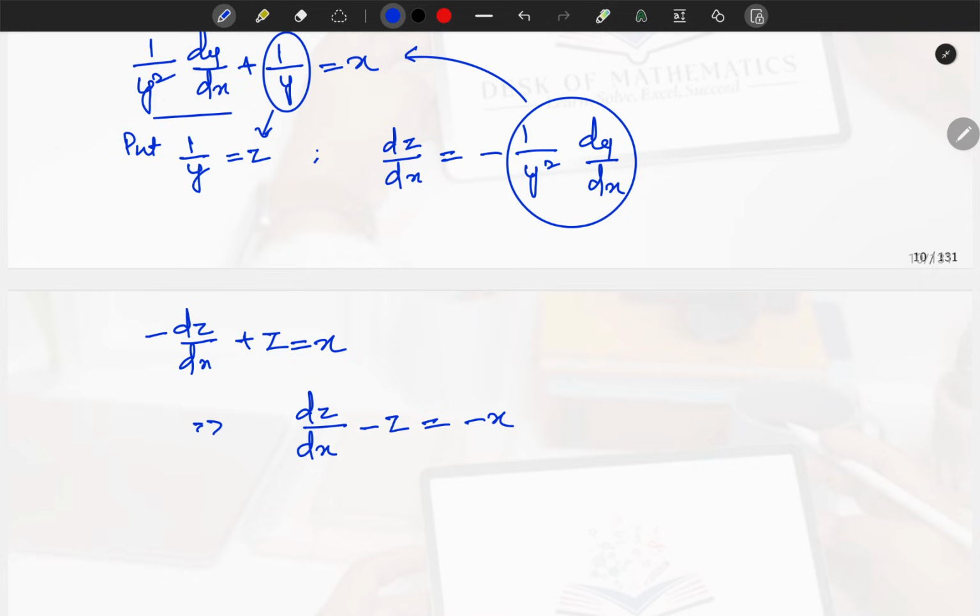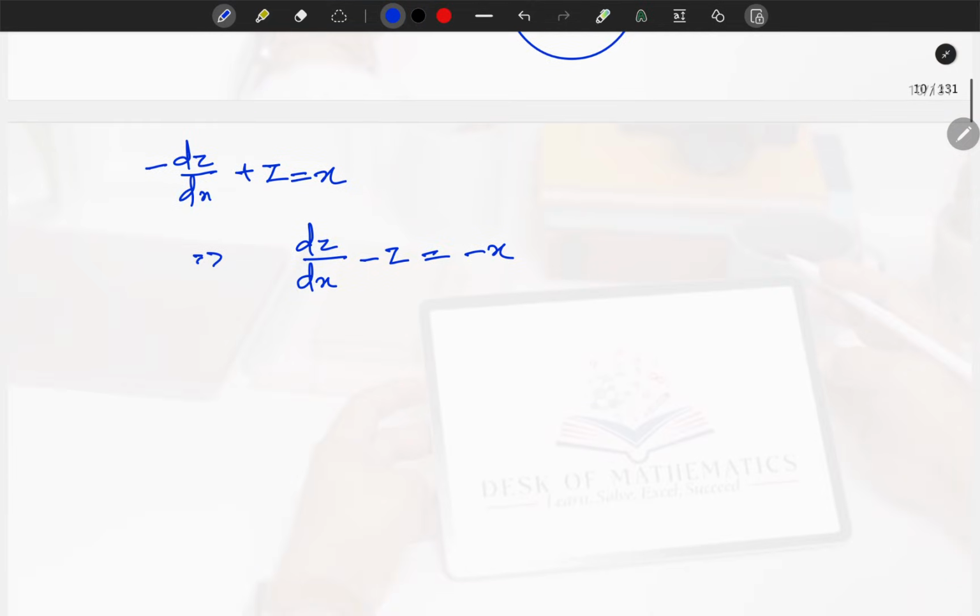Okay, now the next step is that you have a linear differential equation of the first order, so you have to solve it. So now p is equal to minus 1, and q is equal to minus x.